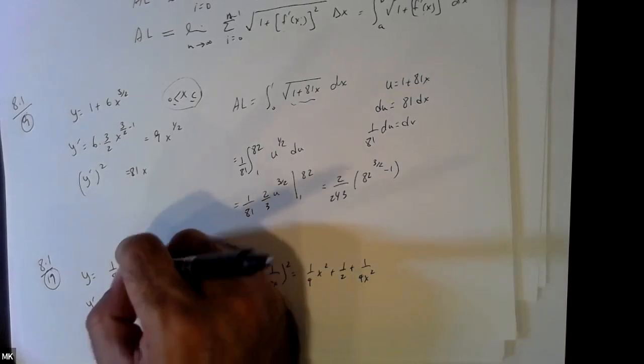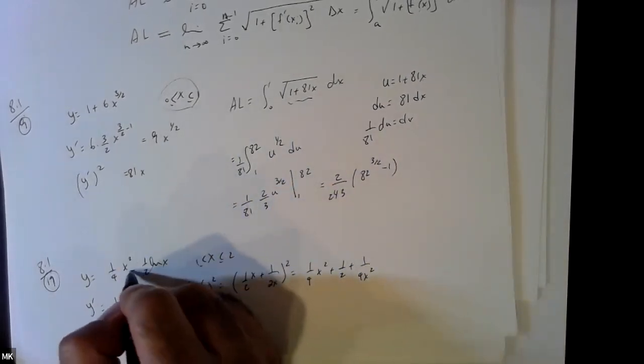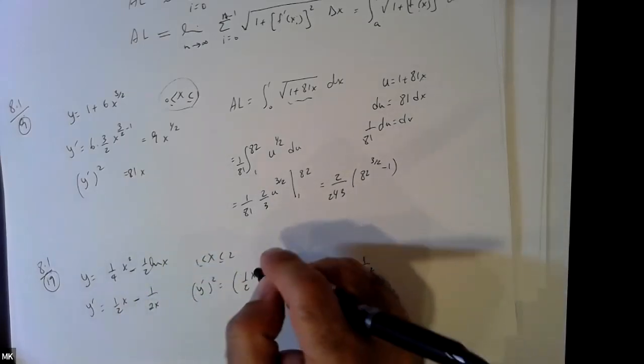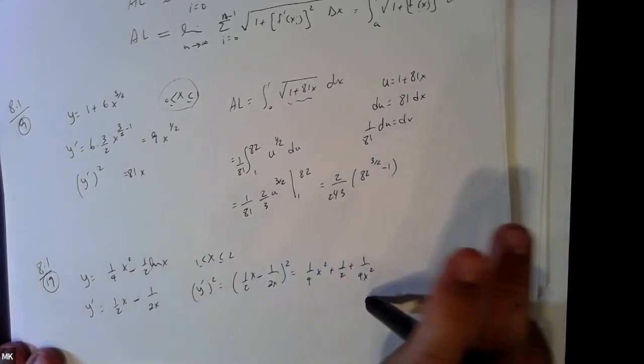Sorry, there's a minus here. I copied it down wrong. And I know this is wrong because I know what's going to happen and it's not happening. So more or less, it's an advantage to having done a problem a million times.